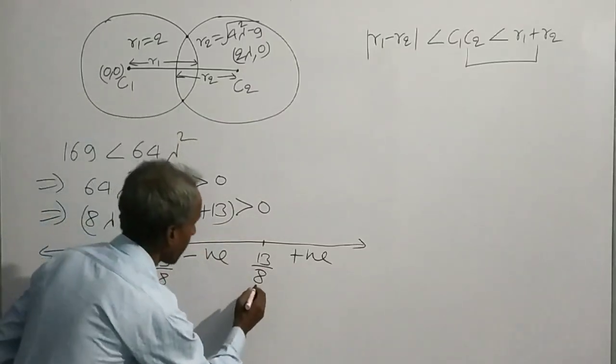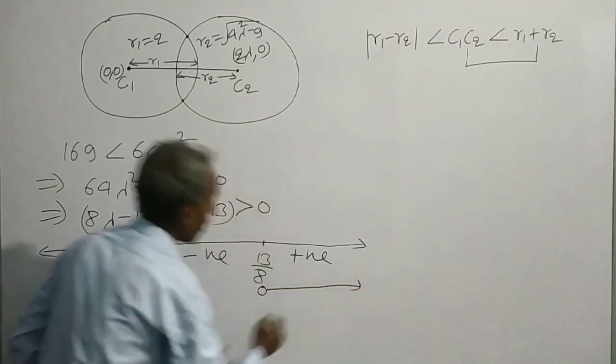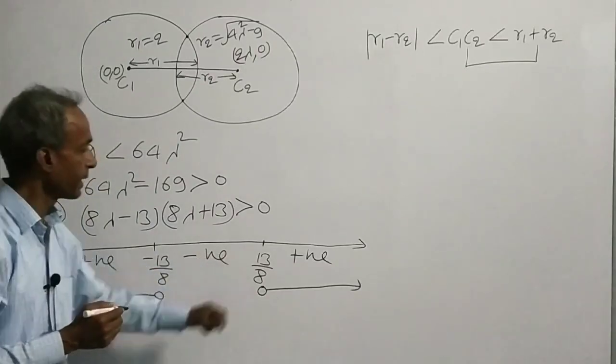Similarly, the value of lambda can also be possible on the right hand side of this number 13 by 8.